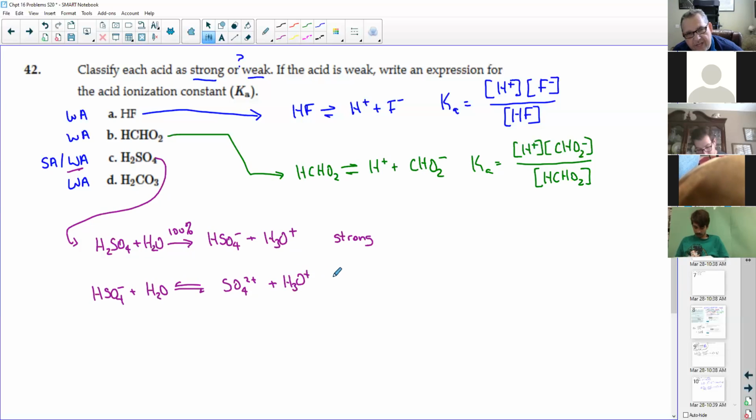Now, when we write the Ka expression for that, the Ka is products over reactants. So products are the sulfate ion, the hydronium, and the reactants are the bisulfate.